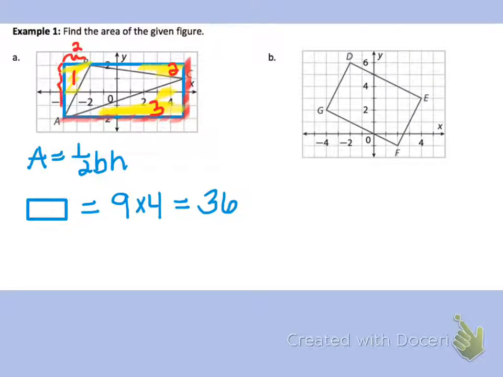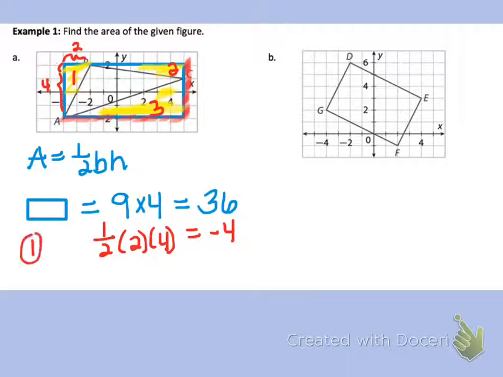And then right here, that's 4, which is the height. And the area formula for a triangle is 1/2 base times height. So all I have to do is take 1/2 the base, which is 2, and the height, which is 4. And that makes 1/2 times 8, which is 4. So I'm going to subtract 4 from that 36.